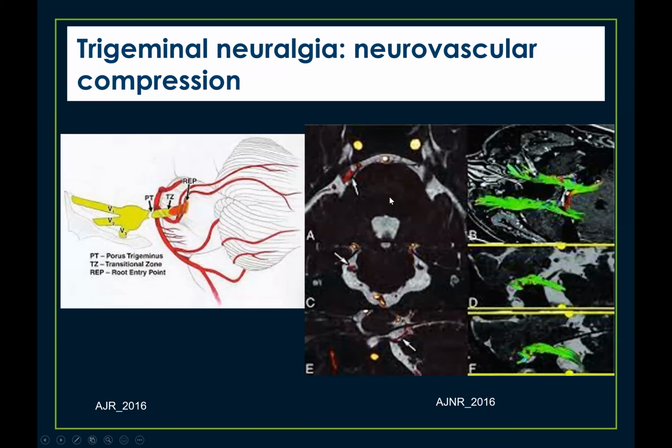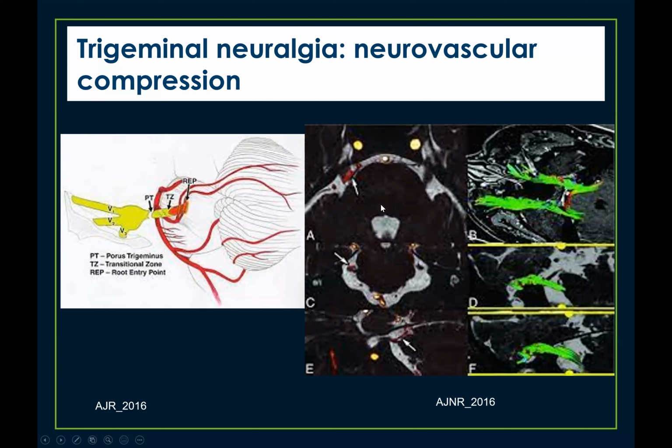The neurovascular compression actually happens in the transitional zone, very close to the pons, also sometimes called the root entry zone. This is where the central and peripheral myelin meet, and this is a site vulnerable to compression. Then you can have demyelination, and over time, even axonal degeneration and atrophy.